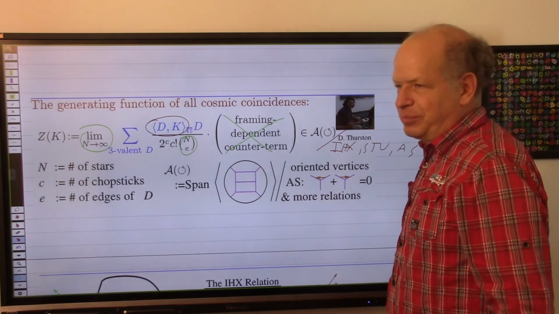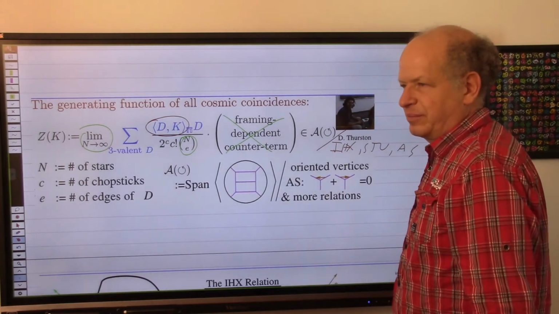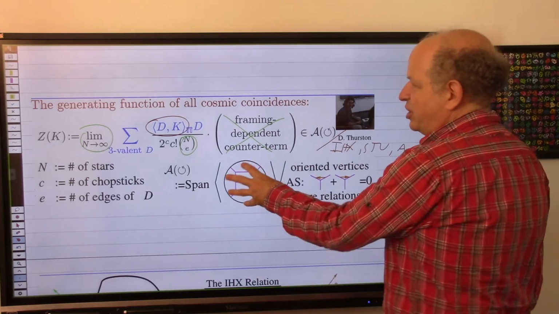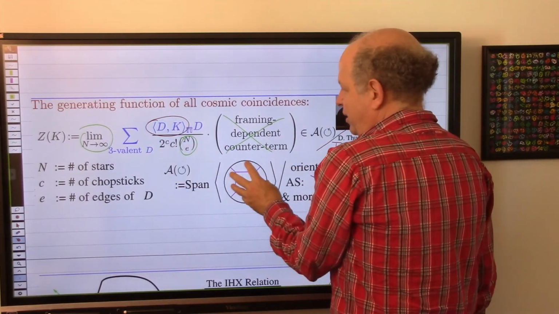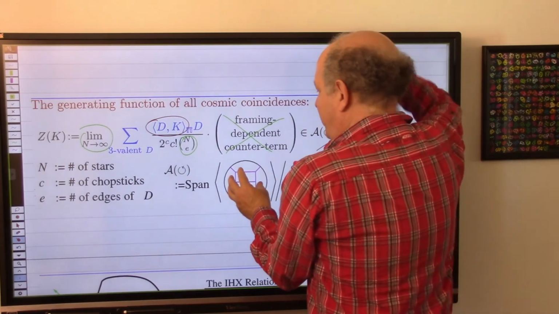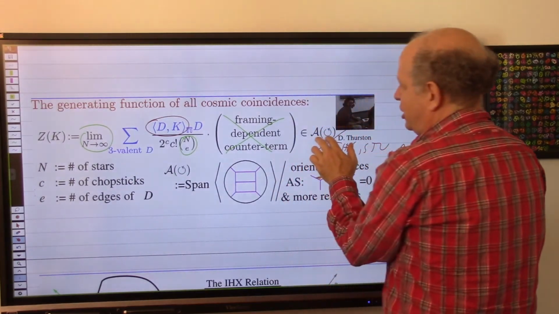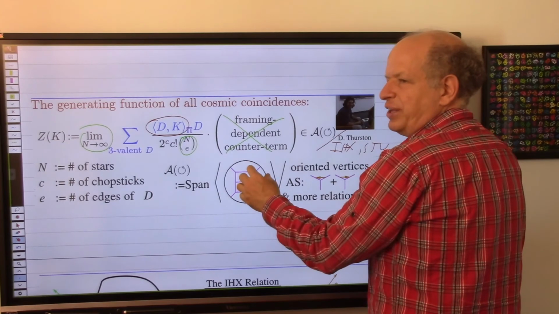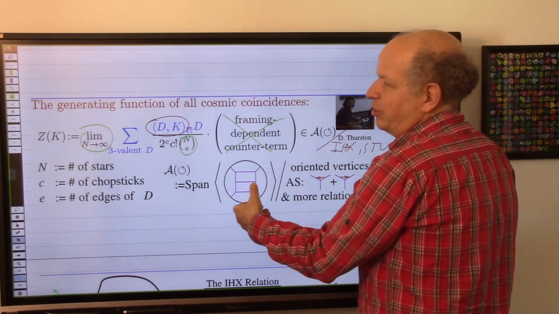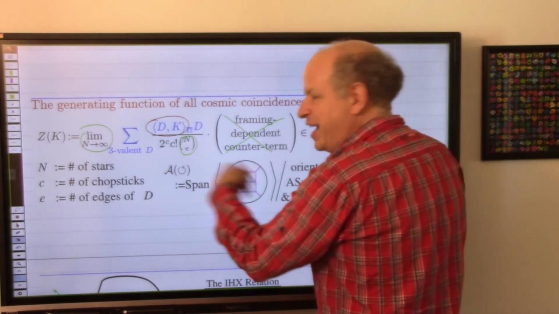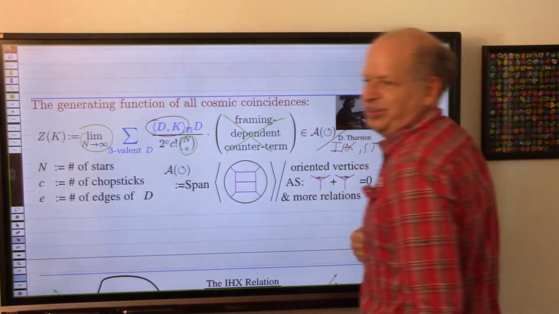Exactly the diagrams that make up A. Each such diagram corresponds to a cosmic coincidence. So I find an expression in A in which I sum over all diagrams. For each diagram, the coefficient will be the number of cosmic coincidences of that diagram on our knot.